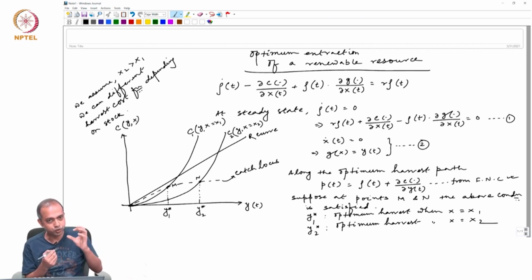So, the catch locus is the locus which shows different levels of catch, optimum harvest, depending on the stock.